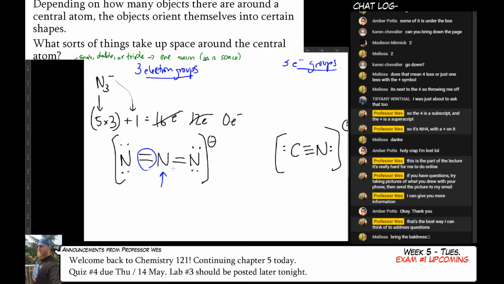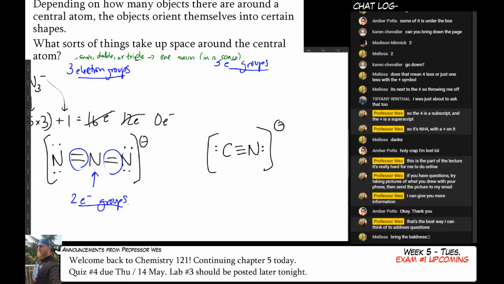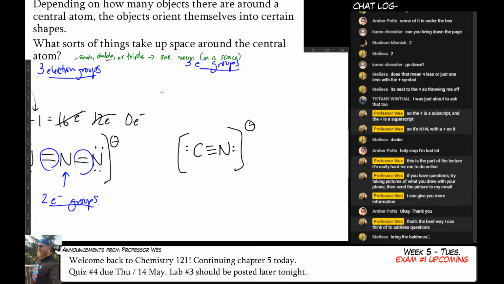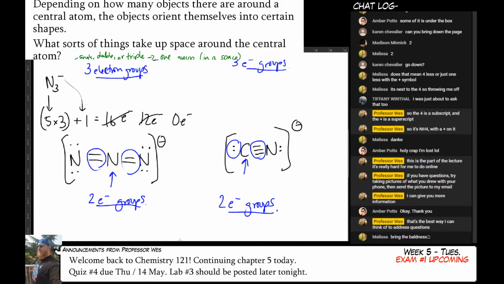This is a group, and this is a group. So I'm going to say 2 electron groups. Same thing over here. I'm going to pick this as my central atom just because I could pick either one. It doesn't matter. This is a group, and this is a group too. And so that's why these shapes look pretty similar. This one's just over on the left here, and this one's just a little longer.